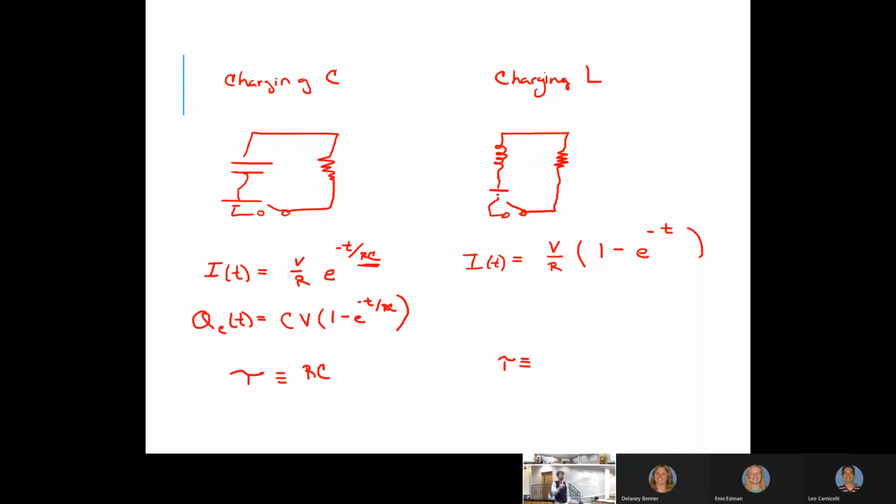I hope this is right, R over L. Which means, in the exponent here, I should have some extra terms. It's not just t, it should be t times L over R.